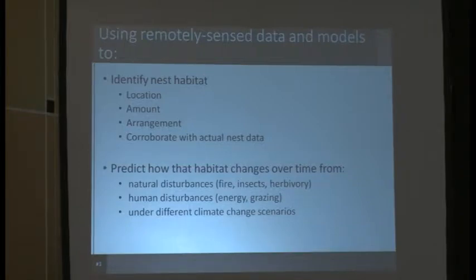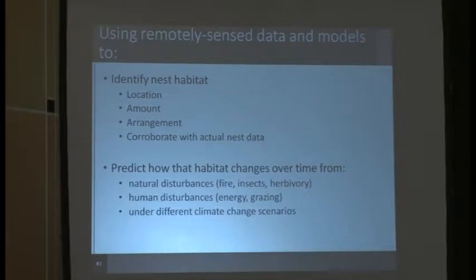And then in terms of modeling, I'm going to talk about how to predict how that habitat changes over time from natural disturbances like fire, insect, disease, invasive species, or human disturbances, energy, grazing, fire suppression, things like that, and particularly under different climate scenarios. I'm not going to go into all of that, but I'll at least provide a couple examples and also reference some other models that do some of this that I'm not going to show examples of.